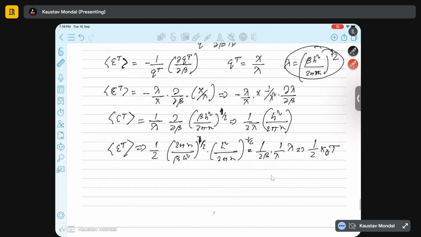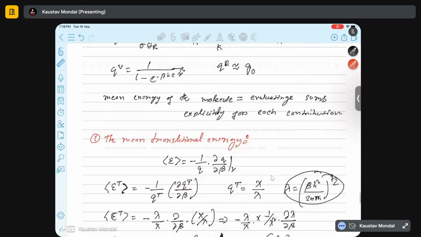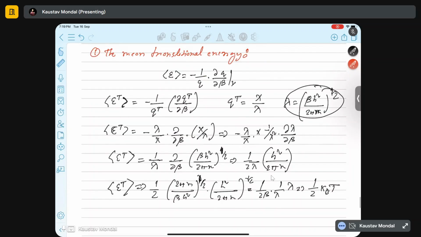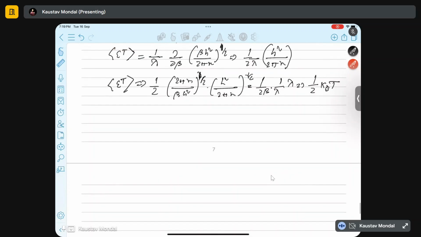So this is the expression of the mean translational energy. As you got the mean translational energy, note that this is for the case of 1-dimensional. For 3D, we know simply a factor of 3 will be multiplied in here.